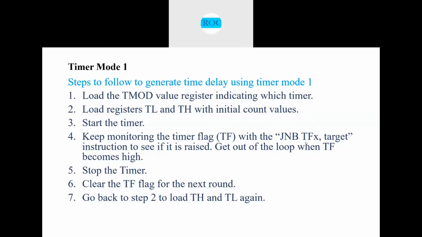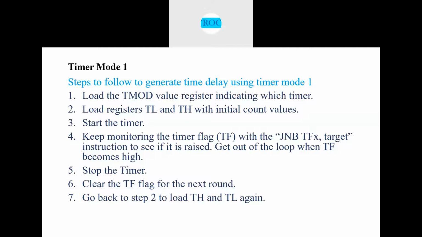If we look at these instructions, what we know is JNB, jump if no bit, or jump if not bit. JNB TF0 will keep on checking whether this bit, the overflow flag, is set or not. If it is not set, it will keep on monitoring the timer flag there, right?